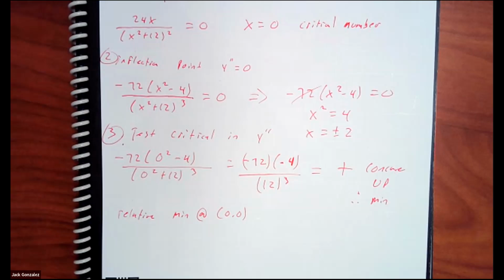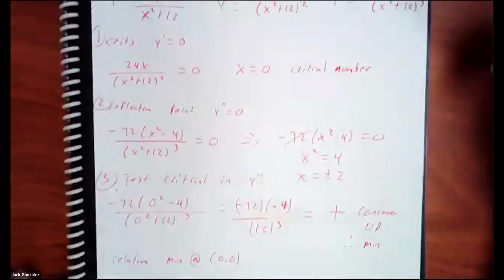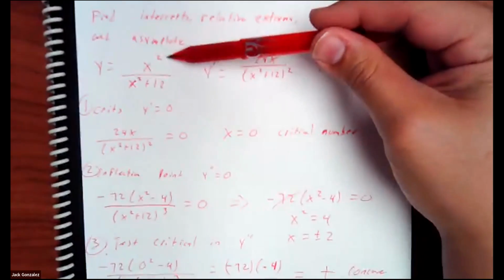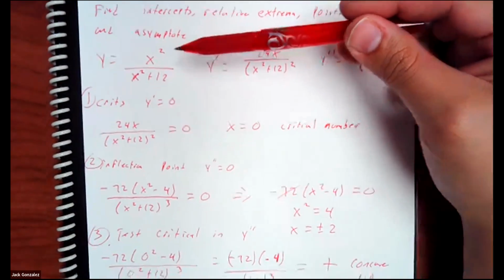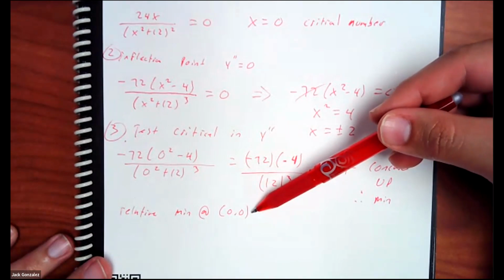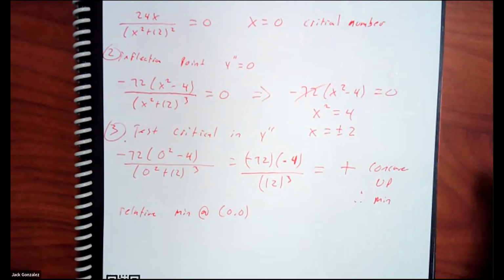Do you see why it's 0, 0? Right. If you plug in 0 here, what do you get? Yeah, so location is 0, 0. All right. So now we have a minimum and inflection points.